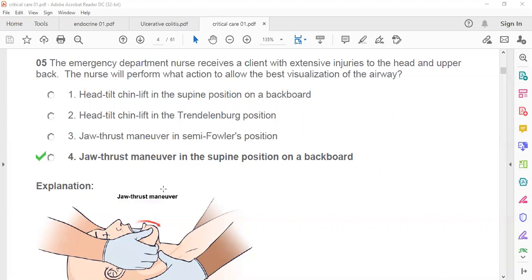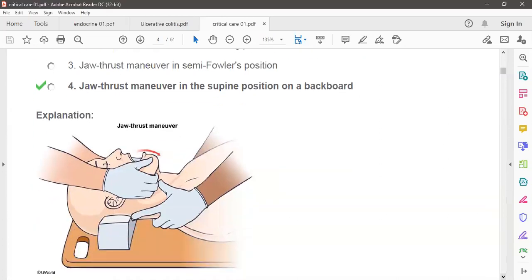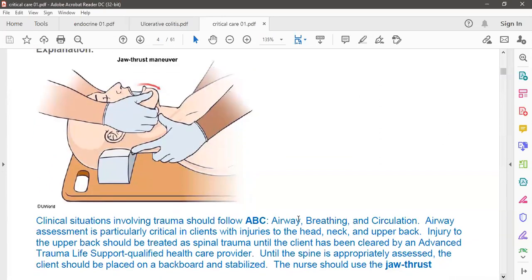This is the medical procedure used to prevent the tongue from obstructing the upper airway. The jaw thrust maneuver and the head tilt and chin lift maneuver are two of the main tools of basic airway management. So let me read it. You can see this picture.